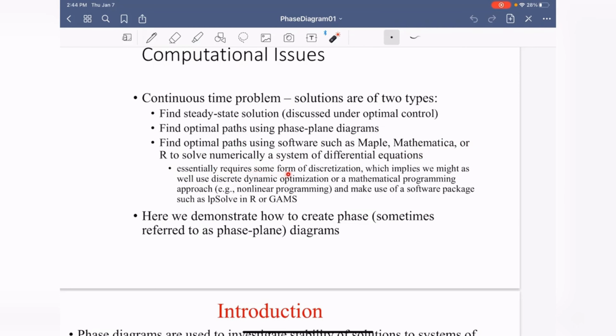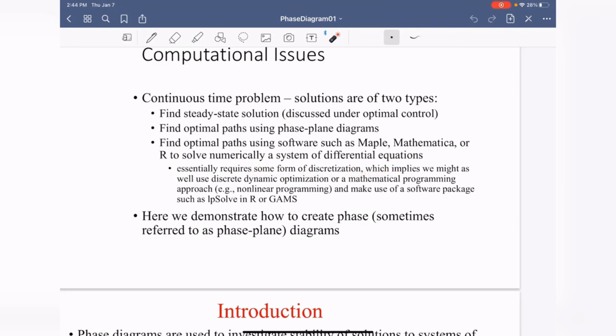Essentially, we require some form of discretization, which implies we might as well use discrete dynamic optimization or a mathematical programming approach, such as nonlinear programming, and then make use of a software package such as LP-Solve in R or the GAMS suite of packages, which we'll discuss again under our optimal control unit.